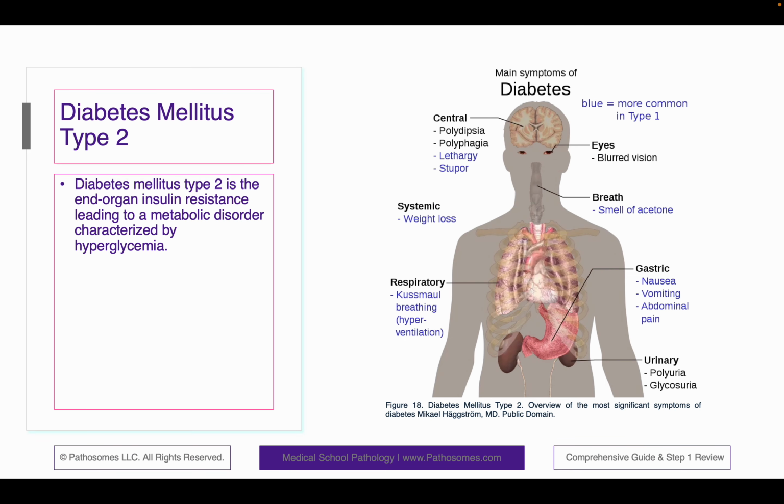Now let's discuss diabetes mellitus type 2. Diabetes mellitus type 2 is end organ insulin resistance leading to a metabolic disorder characterized by hyperglycemia. Now this is classically more so older patients that are obese or overweight or morbidly obese, but it's becoming more and more common with younger children.